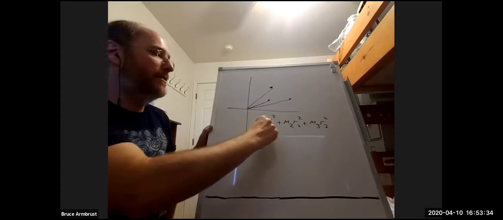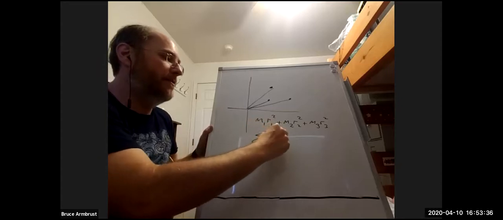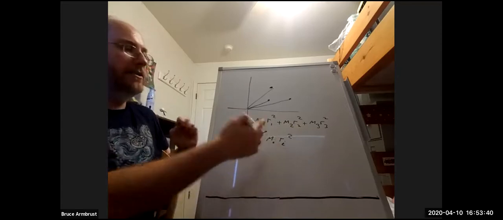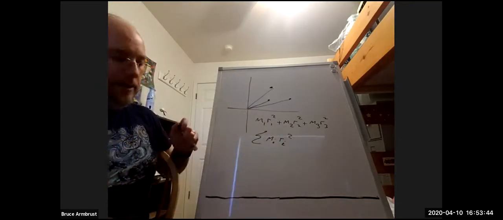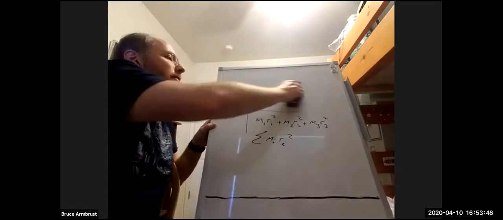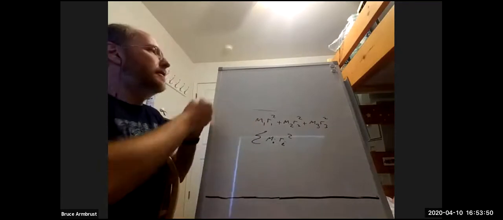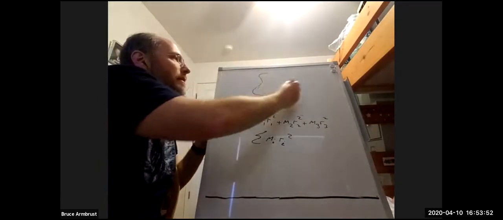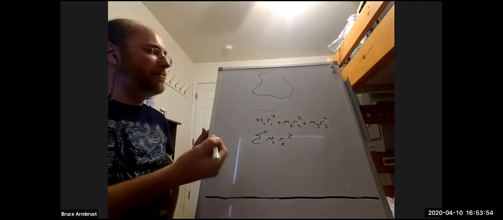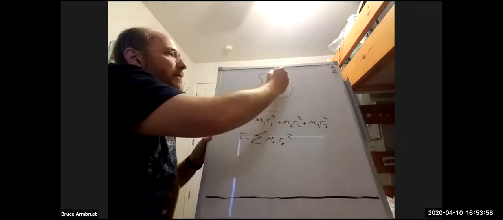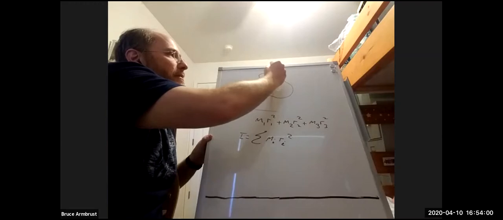Notice that we could write this as a sum. This is really just the sum of the m_i r_i squared, and the i is just however many pieces we have. So if we go to an extended object, something that looks like the good old classic blob thing, and we want to find out the moment of inertia, what we're going to do is just break it into a whole bunch of little chunks.